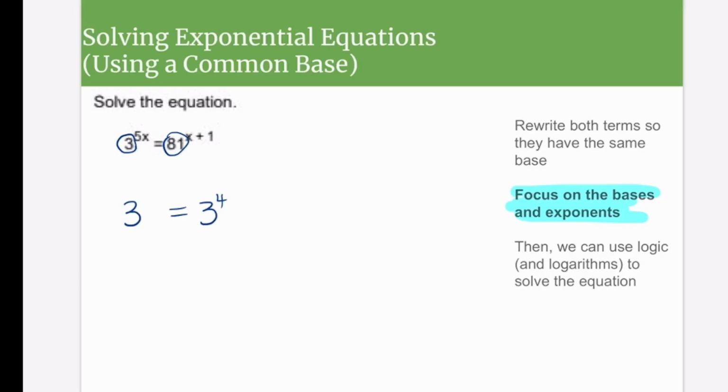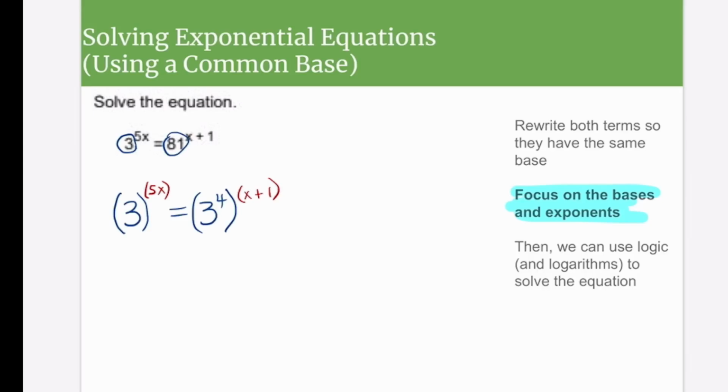I would suggest, anytime you're using these exponents, put your bases in parentheses. It's going to help you organize everything. You can put the exponents in parentheses too. So on the left, your exponent is going to be 5x. On the right, your exponent is going to be x plus 1.